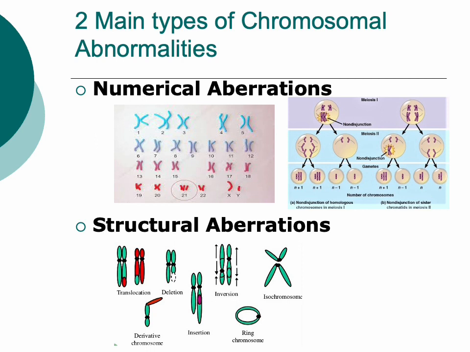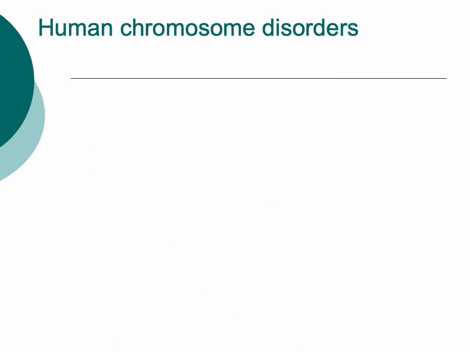When you say structural aberrations, this will involve segments of chromosomes that are either deleted, translocated, inverted, that would form specialized structures called ring chromosomes or isochromosomes, and there are some chromosomes that would form hybrids.